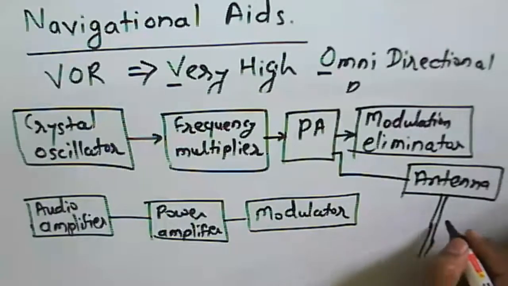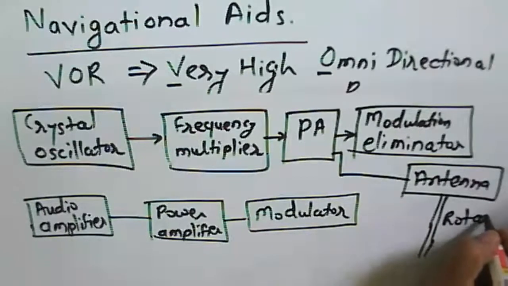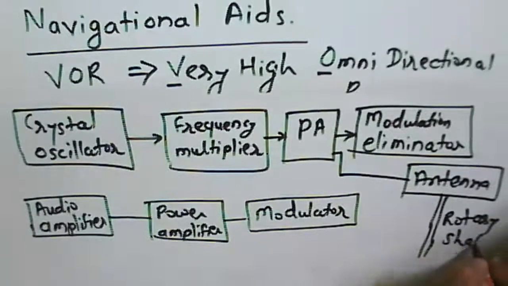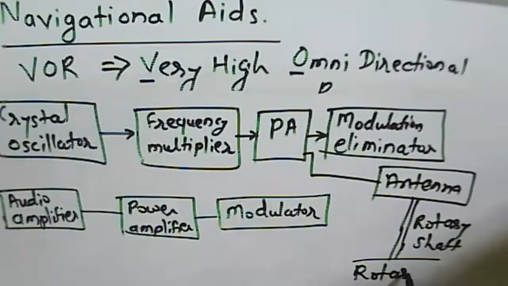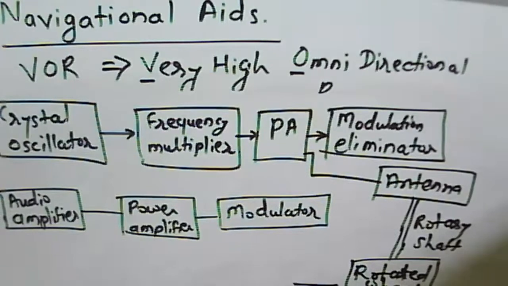You can say that rotary shaft. This one is about a rotary shaft to the antenna, and then we can say that it has a rotated wheel. So that antenna will be a rotated one, and how is this antenna rotated? By a servo motor.